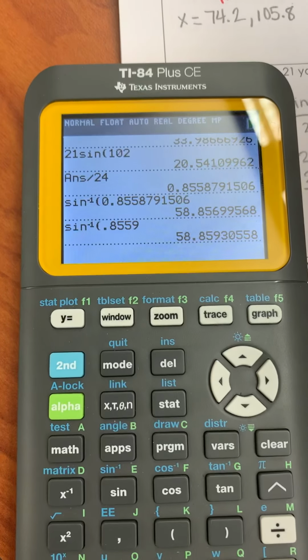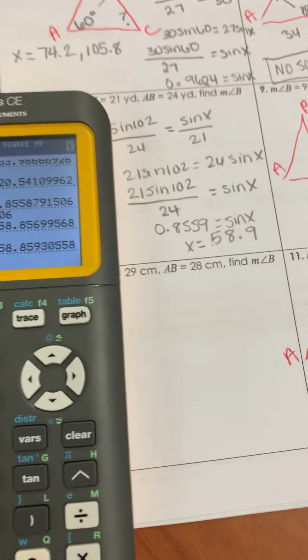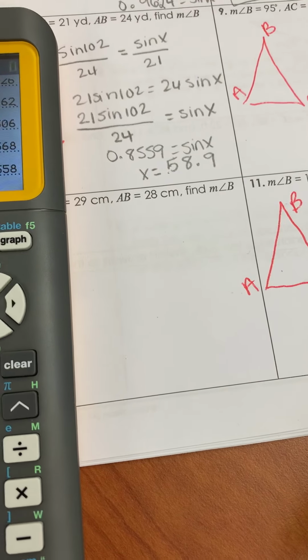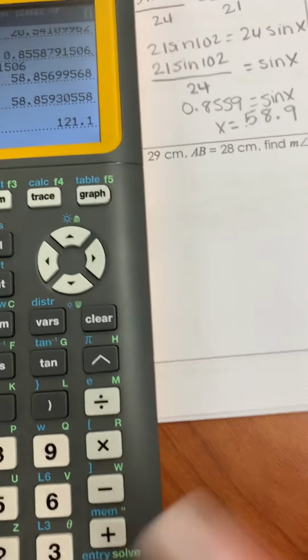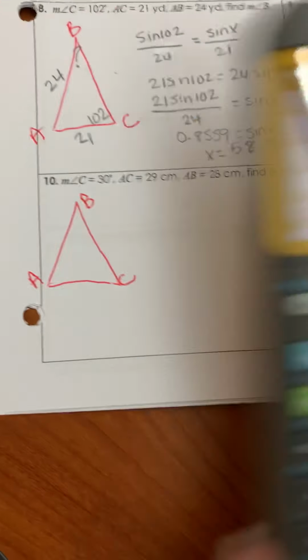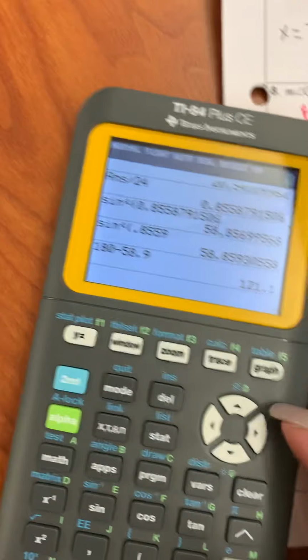So I know that my angle is 58.9. I have to find the other angle, so I'm going to subtract, like I'm going to find the other possible angle, and that's going to give me 121. Do y'all see this? 121.1.